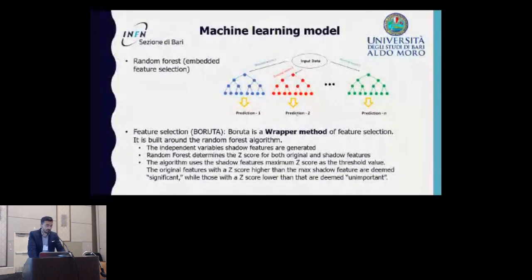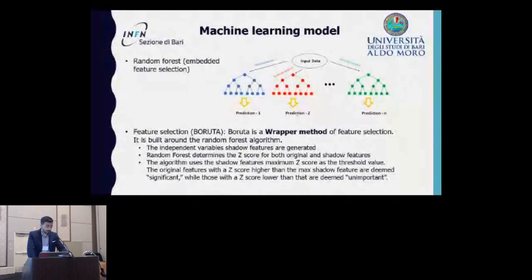Boruta belongs to the wrapper methods of feature selection, and this method is built around the random forest. First, Boruta duplicates the original dataset to create the shadow features.